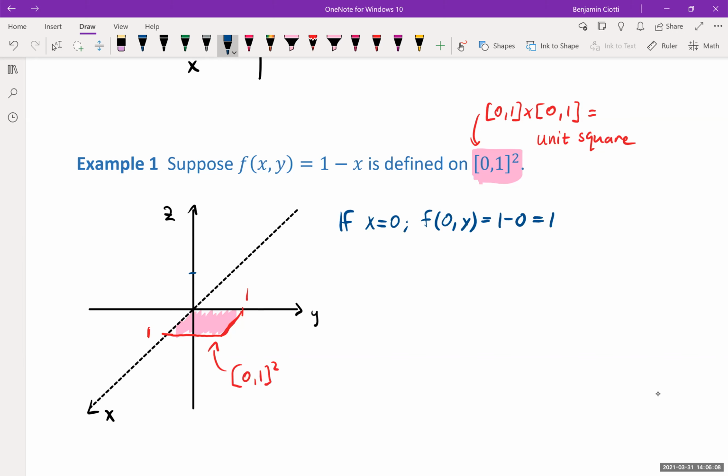So anytime x is 0, like right here, all along this little line segment, the function is equal to 1. And if x is equal to 1, no matter what y is, the function is 0. So it's 0 at every point down here where x is 1.